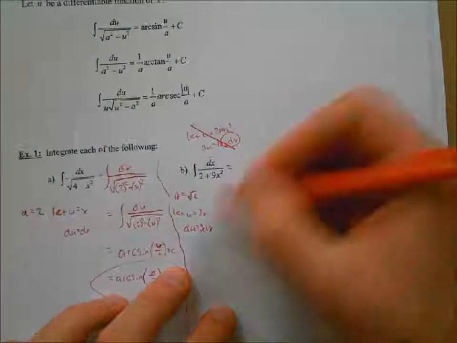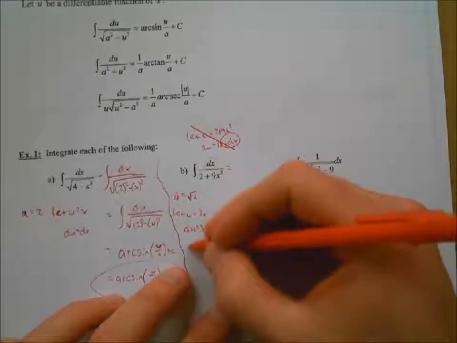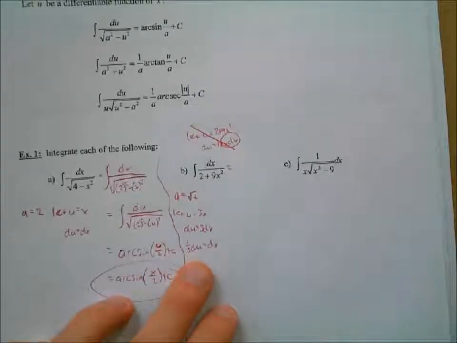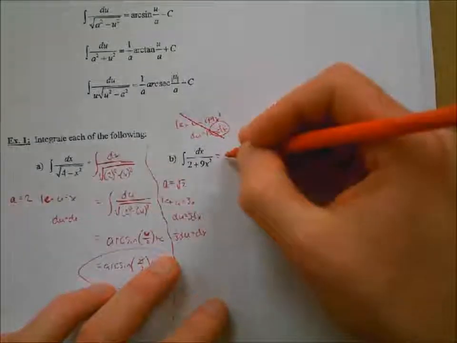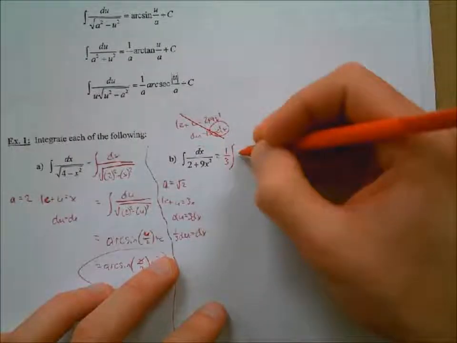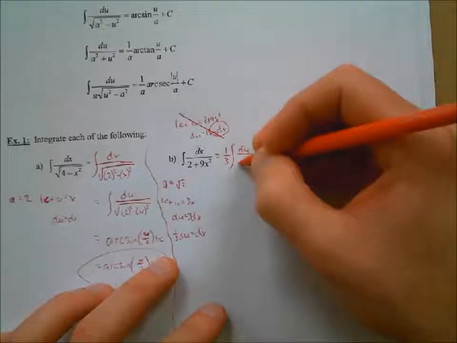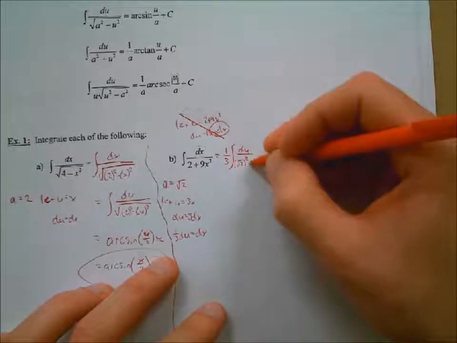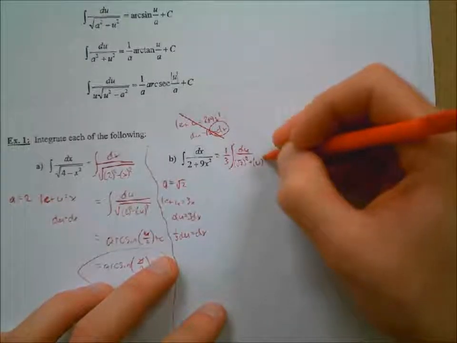We don't have 3 dx, we just have dx. I'm going to move the 3 over, make it 1/3 du equals dx. So now it lines up with our substitution. And so we get 1/3 integral du over the square root of 2 squared plus u squared, like that.